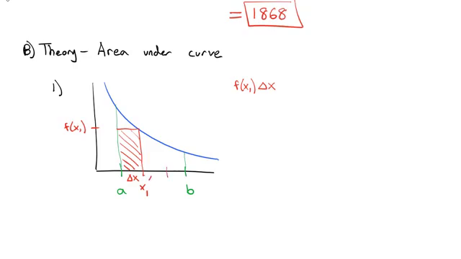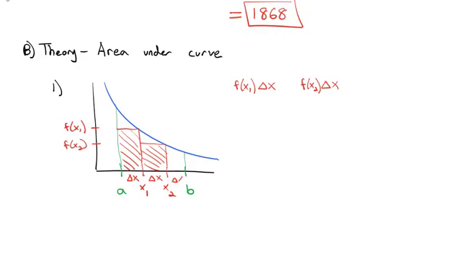Then we'll move over delta x again. Delta means change to get our x2 point. That's going to give us a height of f of x2. And now we have a little rectangle whose area is base, delta x, times its height of f of x2.